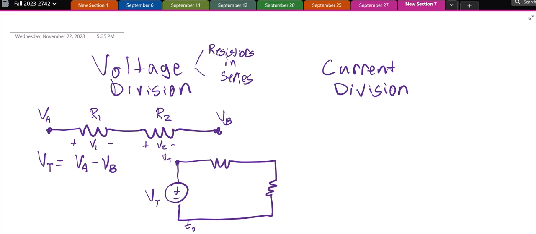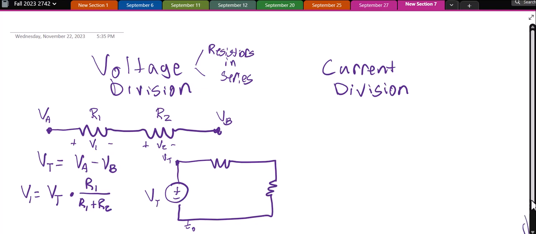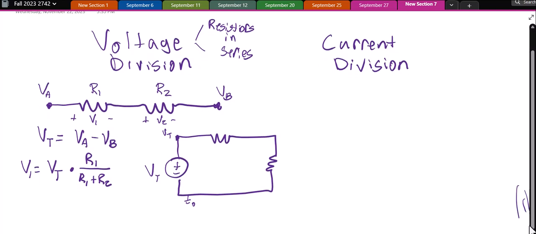It gives me that V1, the voltage across R1, equals the voltage change across both resistors, so that's VT, times R1, that resistance, over the total resistance, which is R1 plus R2.